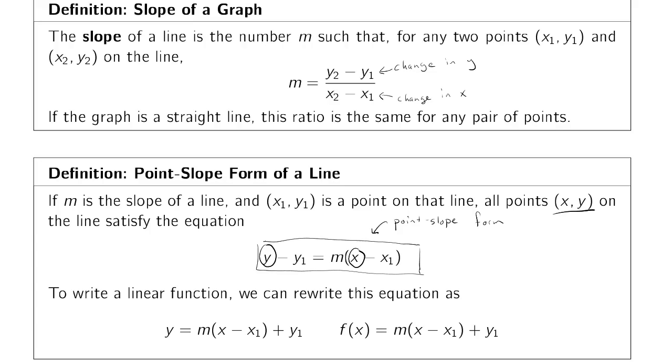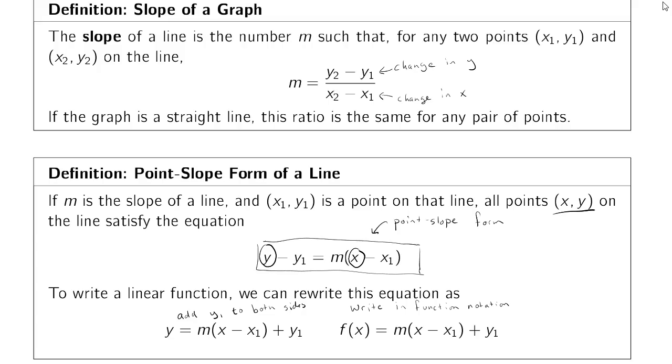So we'll add y1 to both sides. And then we can simply write that in function notation. Now, there are a lot of different equations that we can get from the same line using this technique. But we'll find that when we simplify them, we end up seeing that they all represent the same function.